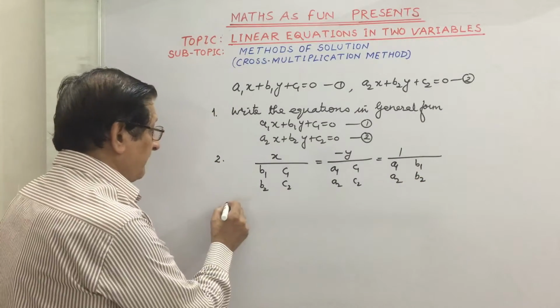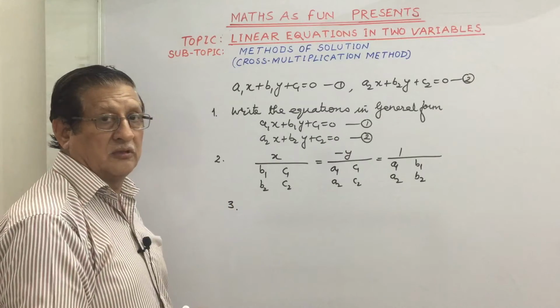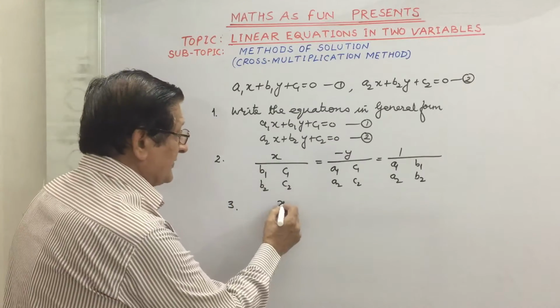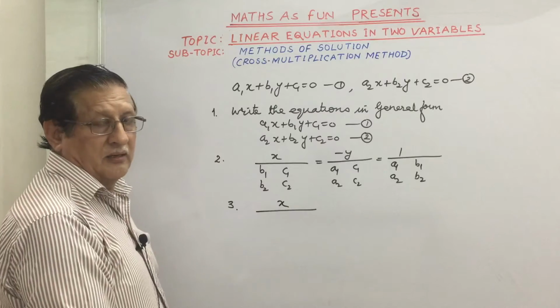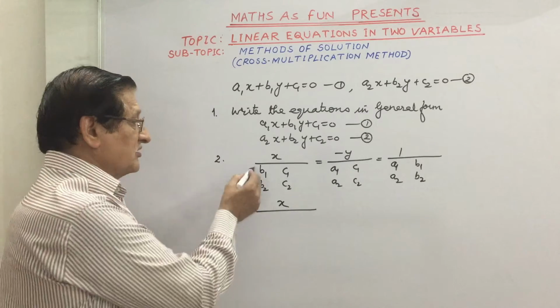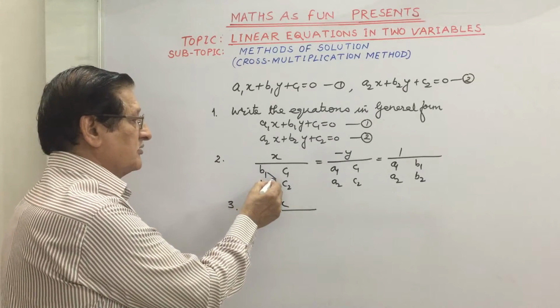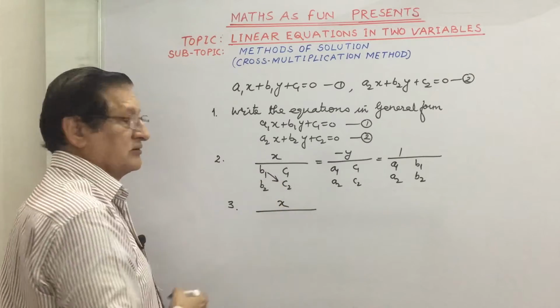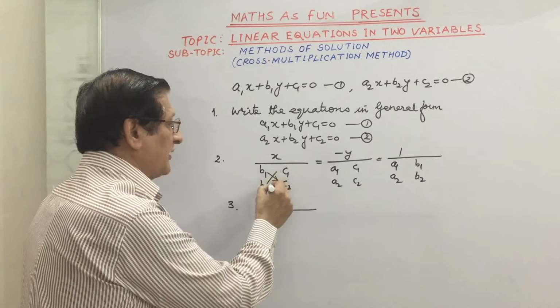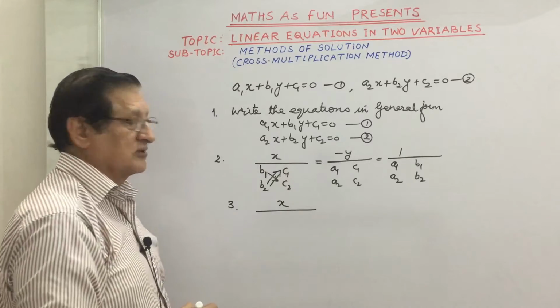Now the third step we take is to multiply them diagonally. First, starting from the first, this will be multiplied to this, and then we multiply this element to this, the second step.